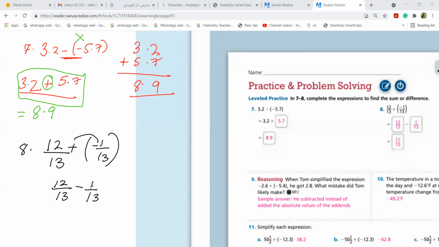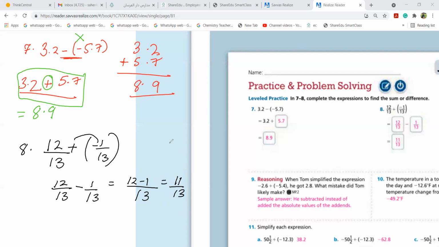Excellent. Now this is your question. Forget about this, okay? So denominators are the same. I can take 13. And in the numerator, I can take 12 minus 1, right? So what is 12 minus 1? 11 over 13. This is your answer.